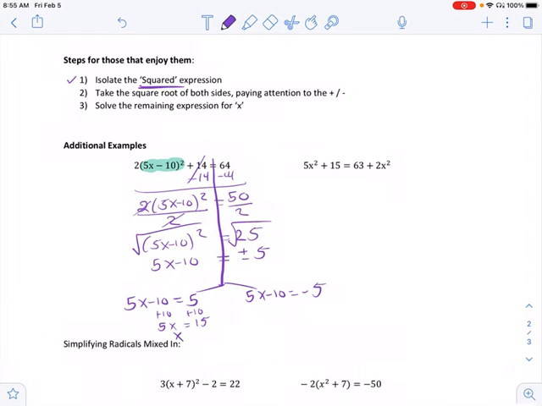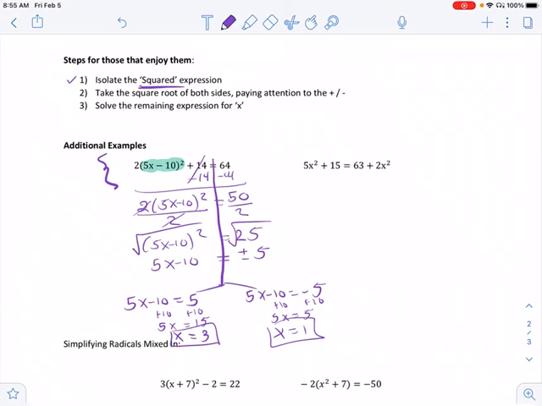Dividing both sides by 5, I get x equals 3 as one of my solutions to that quadratic. Adding 10 to both sides, 5x equals 5. Divide by 5 on both sides, x equals 1. So if we go back up to our problem, in order to make that left-hand side equal to the right-hand side, or equal to 64, x has to either be 3 or 1.